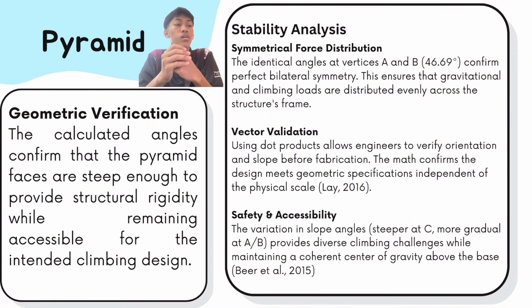Using the dot product allows engineers to verify orientation and slope before fabrication. The math confirms the design meets geometric specifications independent of the physical build. And for safety and accessibility, the variation in slope angles, steeper at C, more gradual at A or B, provides diverse climbing challenges while maintaining a coherent center of gravity above the base.